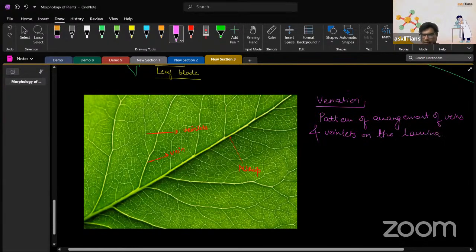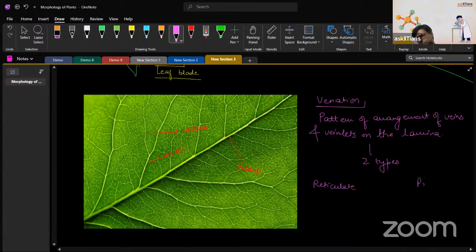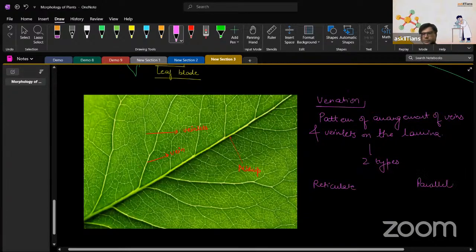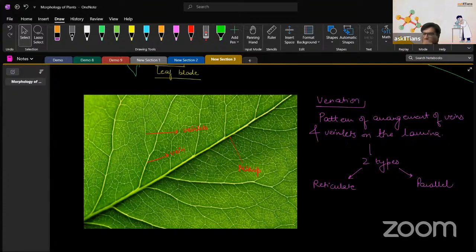Basically, venation is of two types. We have the reticulate and we have the parallel. Reticulate basically means a net-like structure.